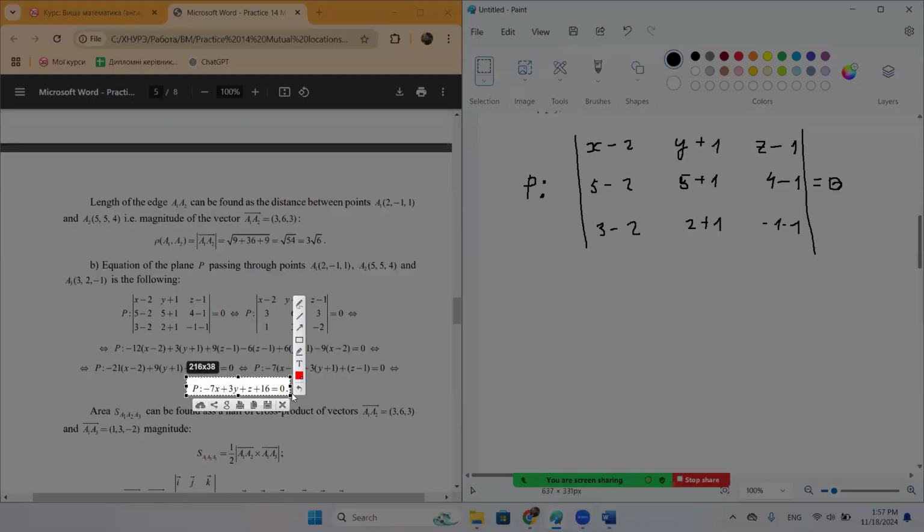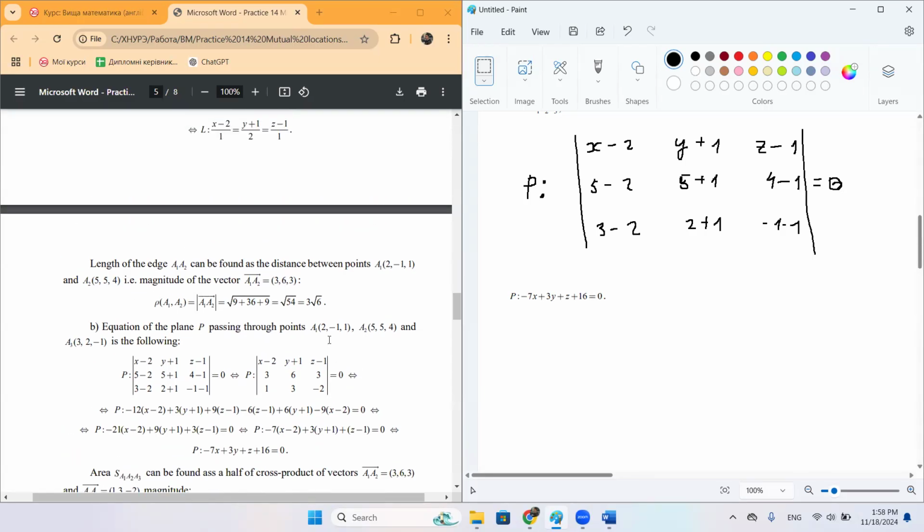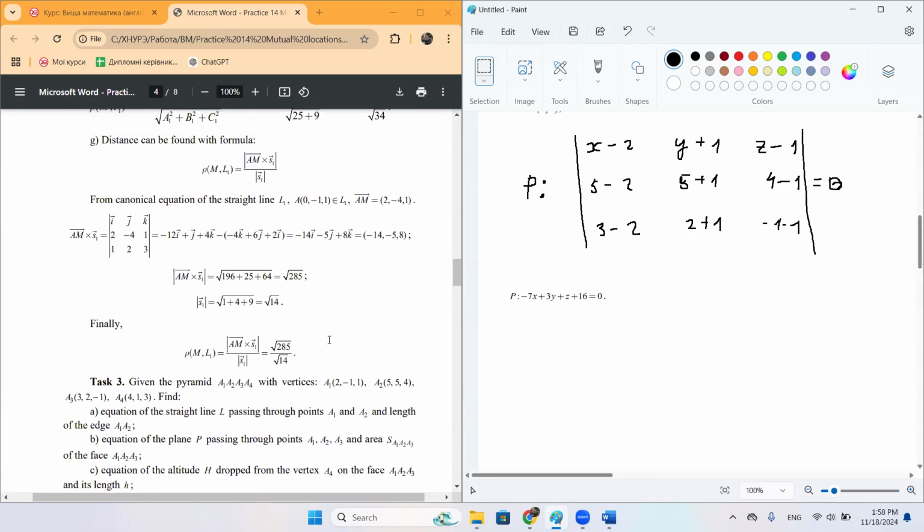I will skip such steps. By the way, you have the full explanation here, a detailed solution, to save our time. And what else do we have to do?